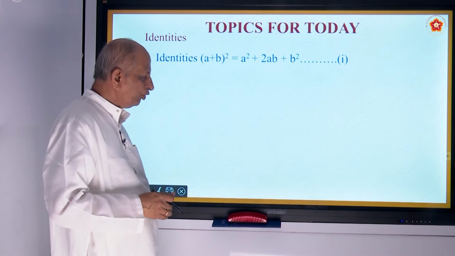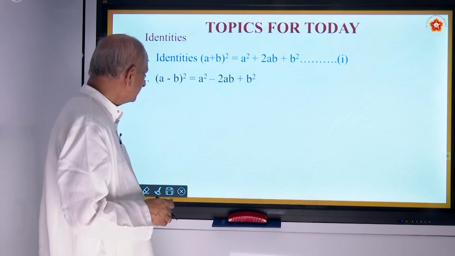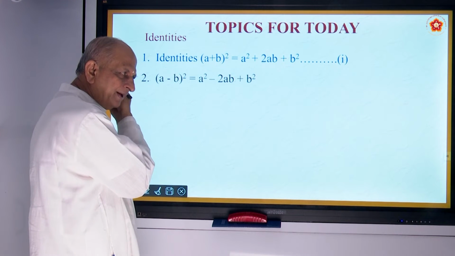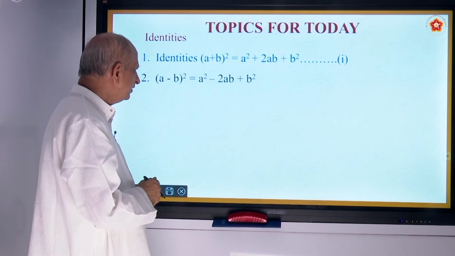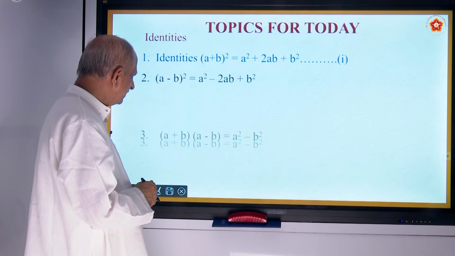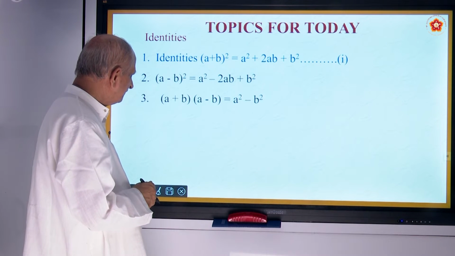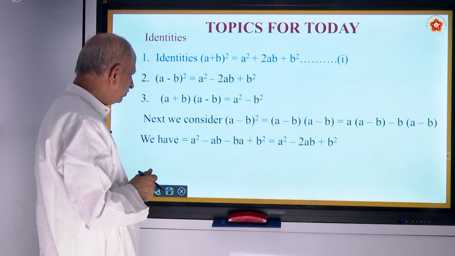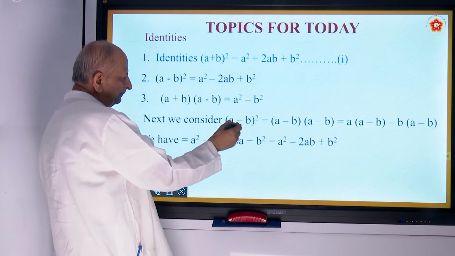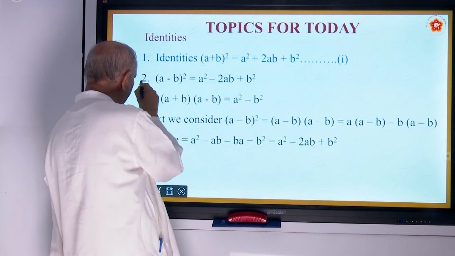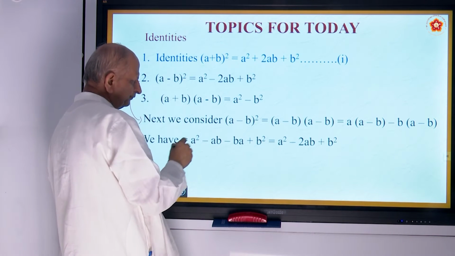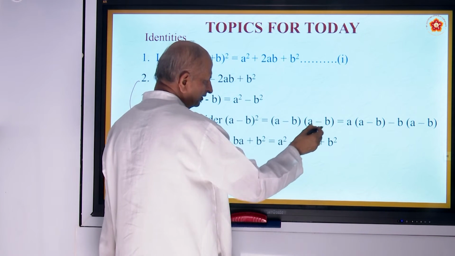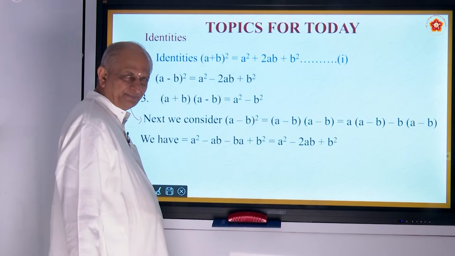Now let us see 2 more identities today. So second one is a minus b whole square. How will you get it? That is multiply this a minus b 2 times. So a minus b whole square means a minus b into a minus b, correct?